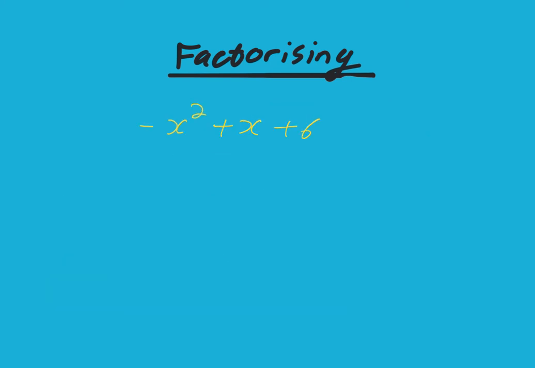Alright, so this example is a bit trickier than the other ones because of this reason here. We have a -x². So before you're tempted to just look immediately at this plus and decide that you're going to have the same sign, rather don't. Make sure that you get it into the normal form first of just +x² plus x, right? So how can we make this -x² positive x²?